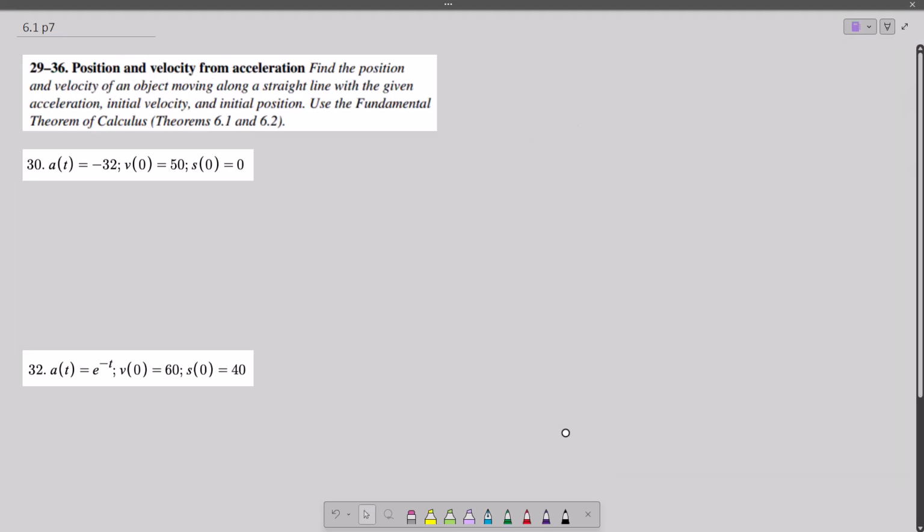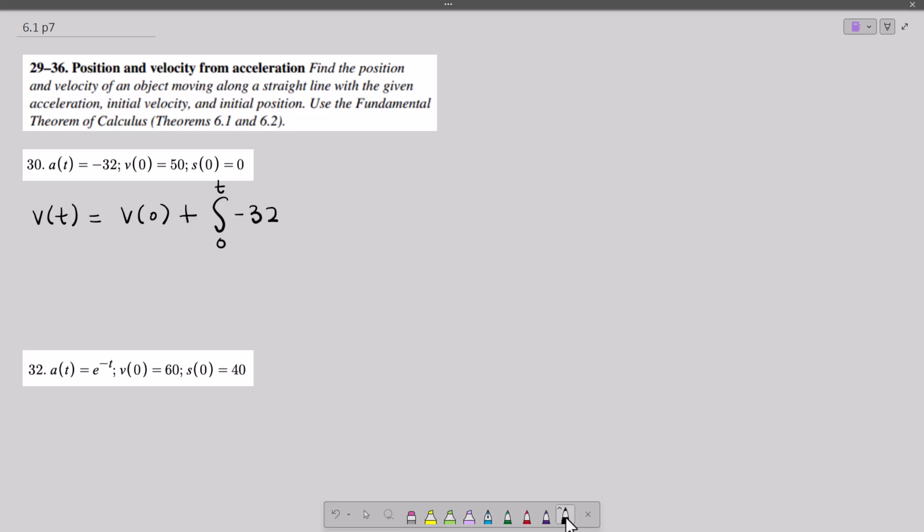So let's do one of these where we start with acceleration, and let's build velocity and position. Okay. So velocity at time t will be the velocity at time 0, starting velocity, plus the change in velocity, which is the integral from 0 to t of velocity's derivative, in other words, acceleration.